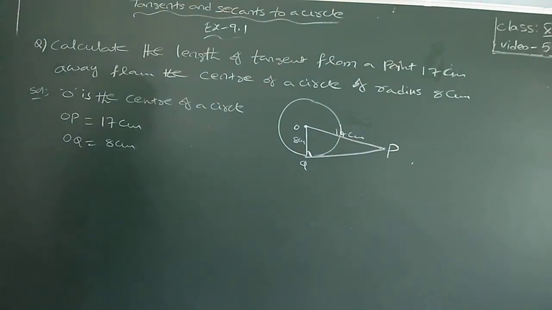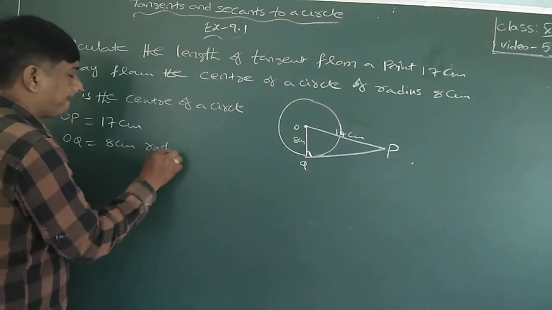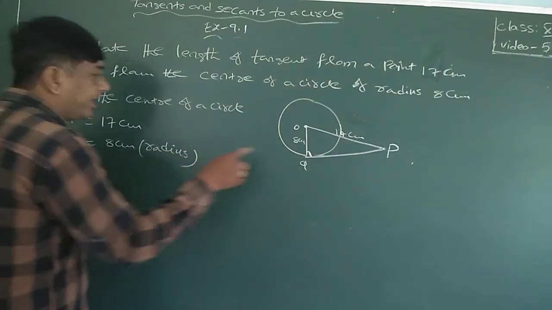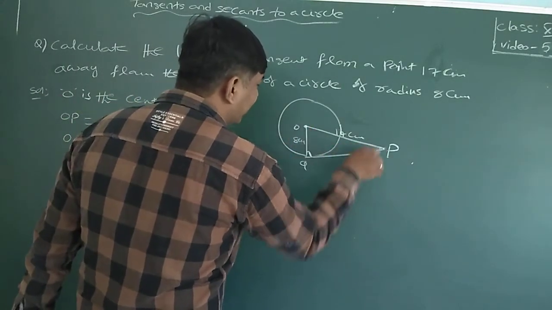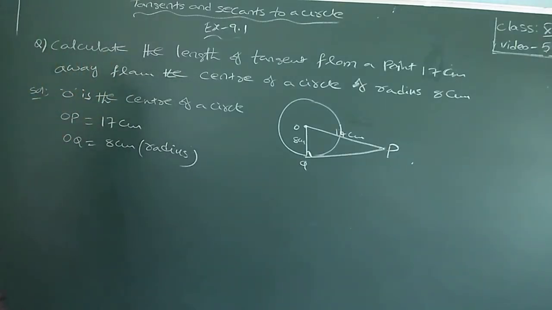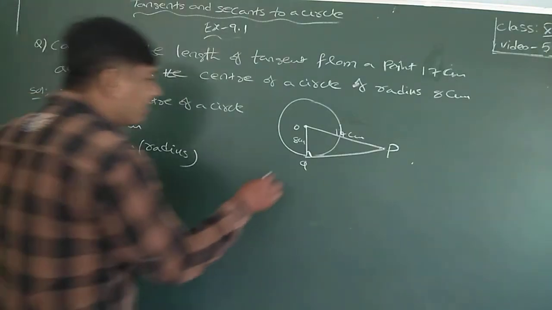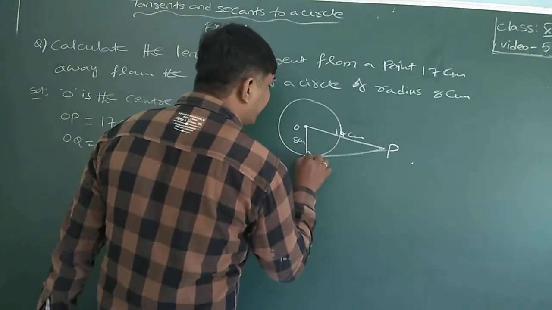OQ is equal to the radius of the circle, and P is the point outside of the circle, 17 centimeters away from the center. Now I have to find this PQ length.